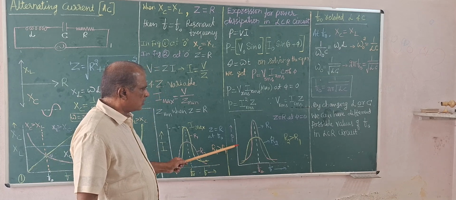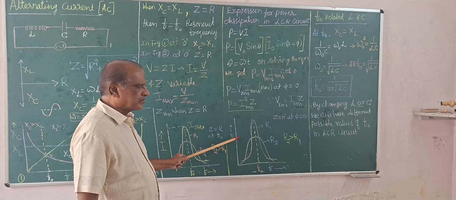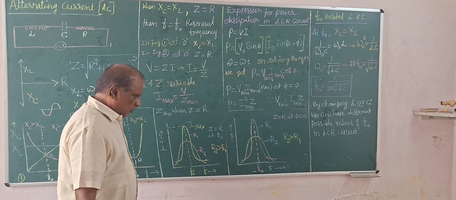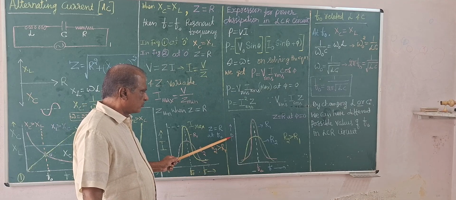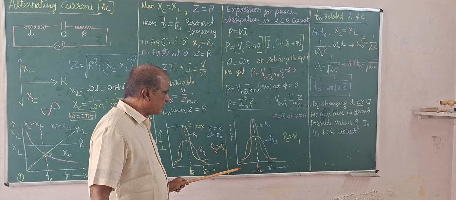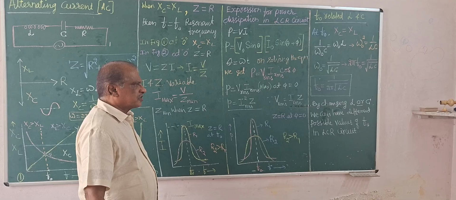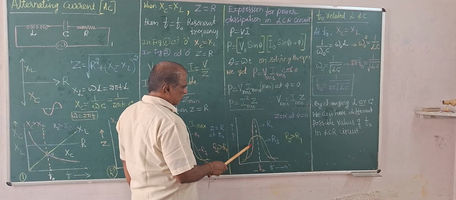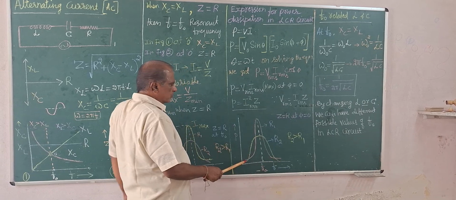This is also verified by experiment on the LCR circuit. We measured the values of power dissipation at different frequency values and drew the graph between them. We get a curve like this, similar to the current curve.